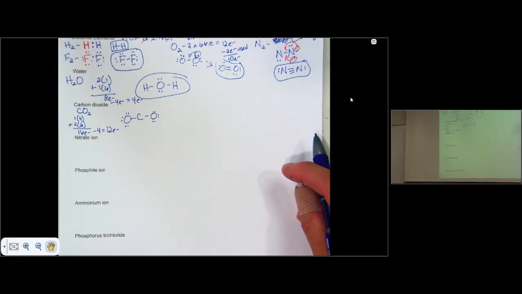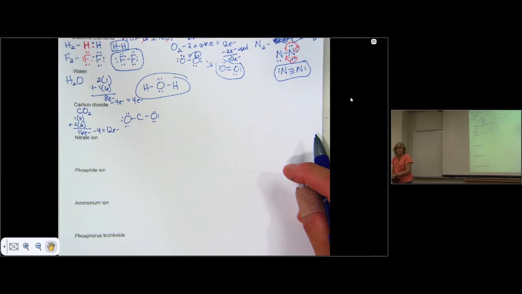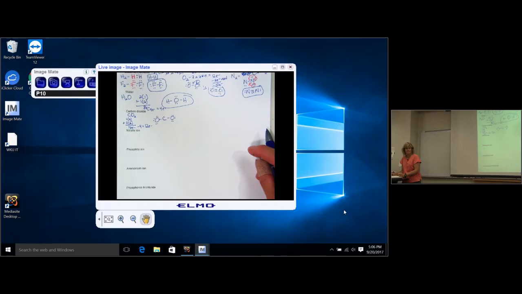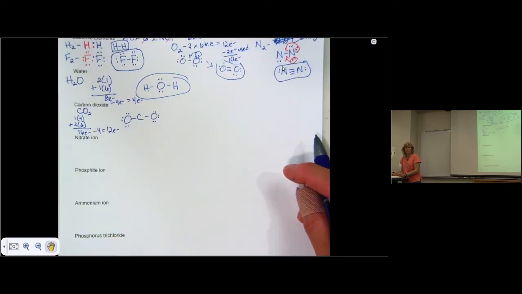She's correct. There's another option, and it still makes everybody have 8. You know what it would be? You could do a triple and a single, which would still make 8.